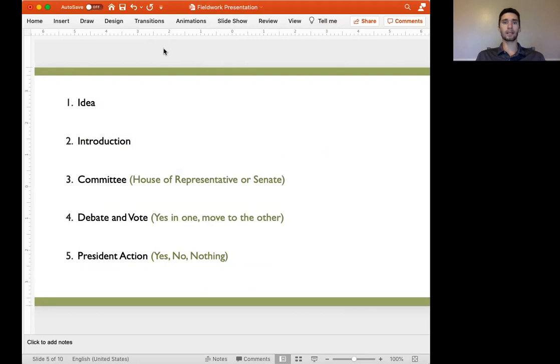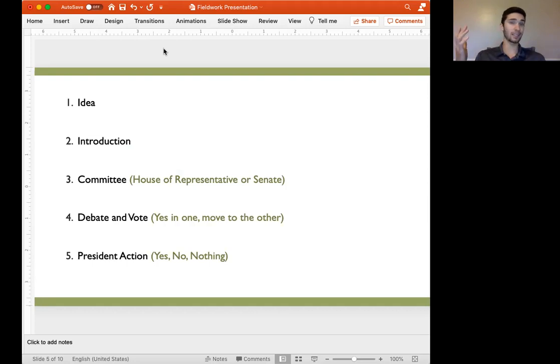But number 1, idea. Number 2, introduction. Number 3, committee. And this committee can be in the Senate or the House of Representatives, whoever introduced the idea. Number 4, debate and vote. And remember, if one house passes it, those 4 steps have to happen again in the other house.